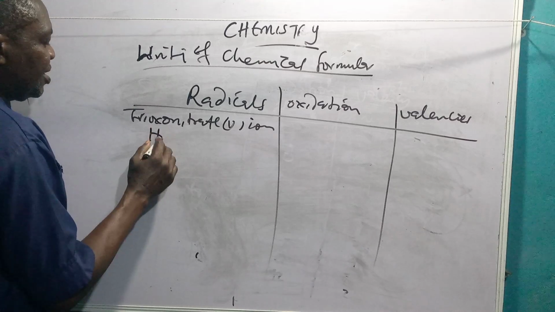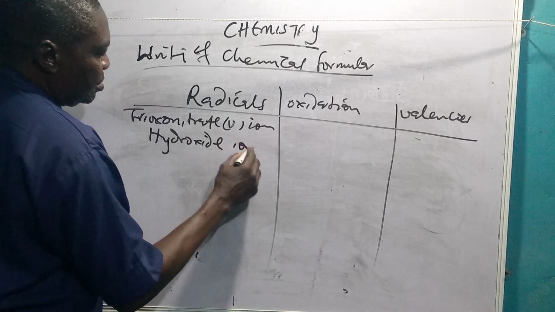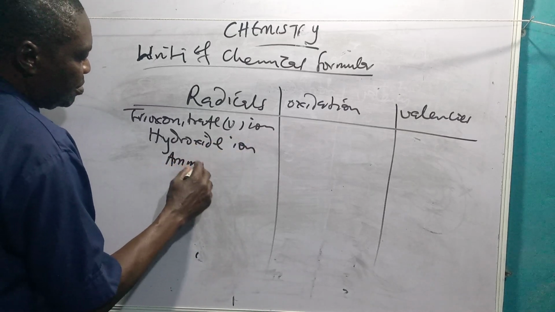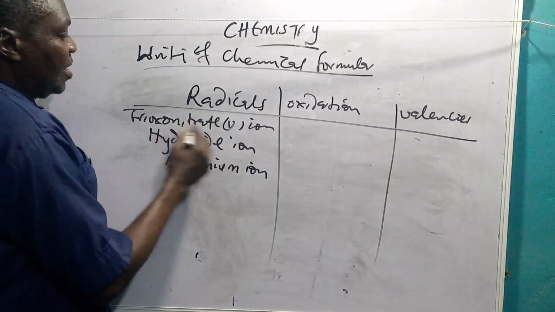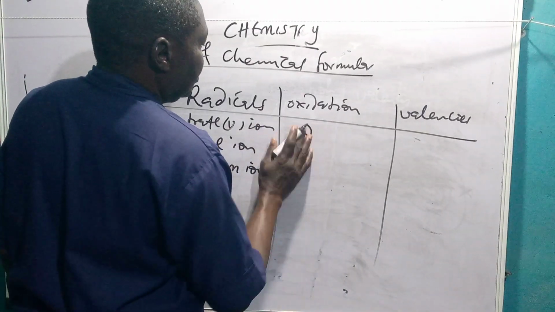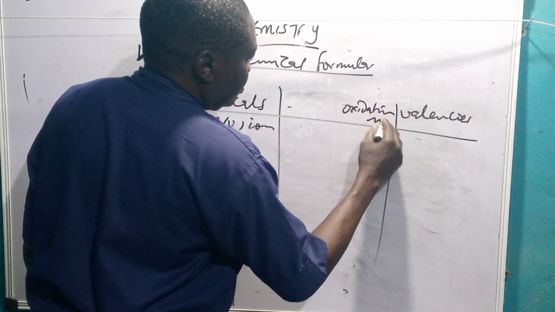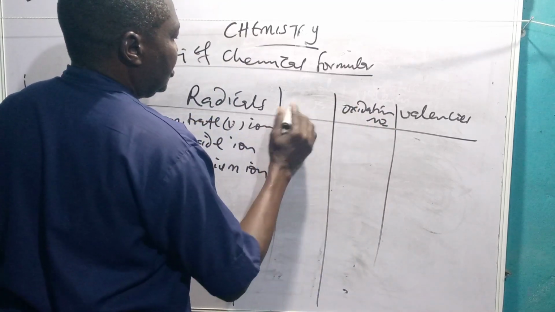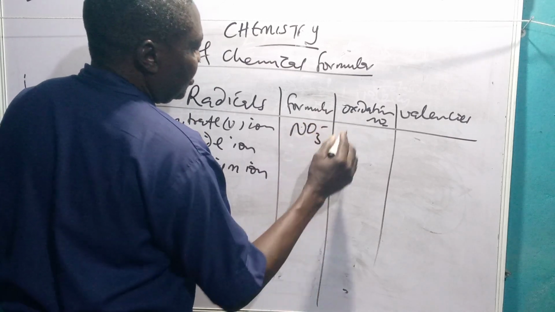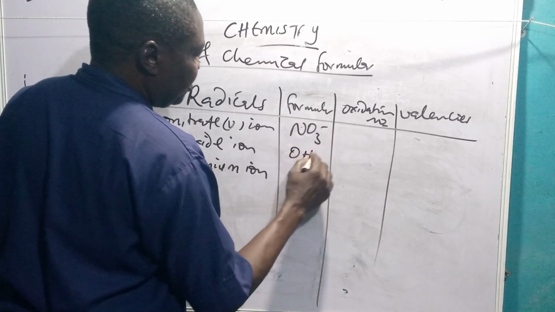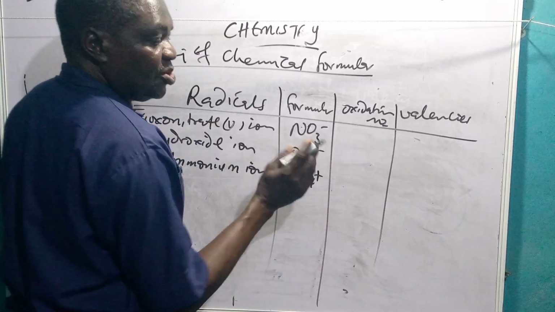Can also have hydroxyl ion or hydroxide ion, ammonium, etc. Now to do the symbol for this, this is the formula: NO3 minus, formula for this OH minus, formula for this NH4 plus, and others which you already have.